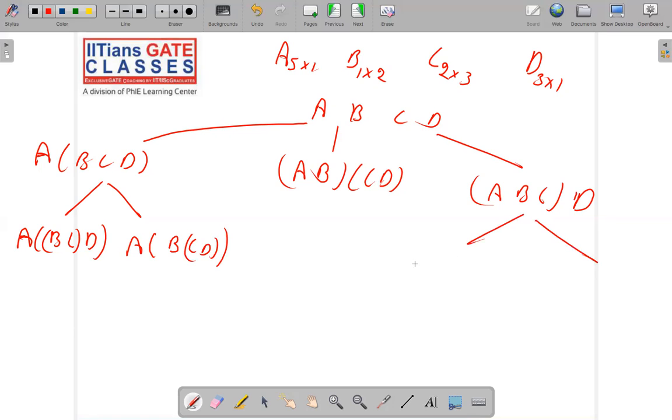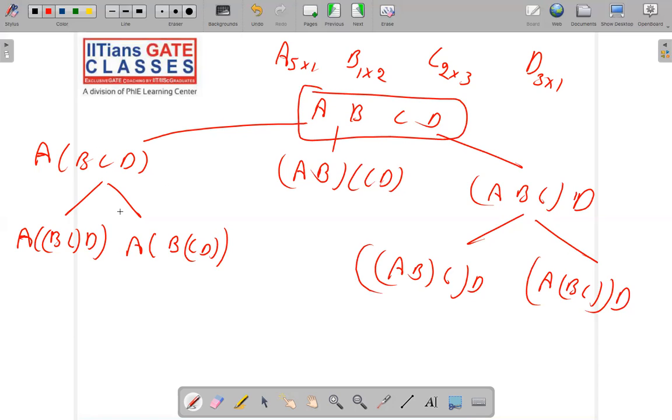And here also we have two options. I'll multiply AB first, then with C, then with D. Here I have another option: I will multiply BC first, then A, then D. Okay. So how many options do we have to multiply ABCD? We have 1, 2, 3, 4, and 5. We have 5 options.